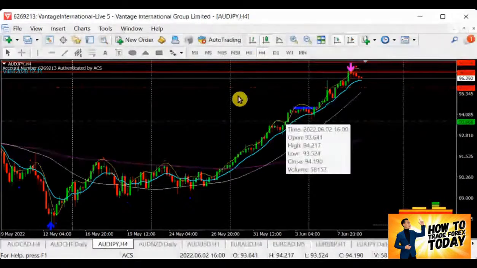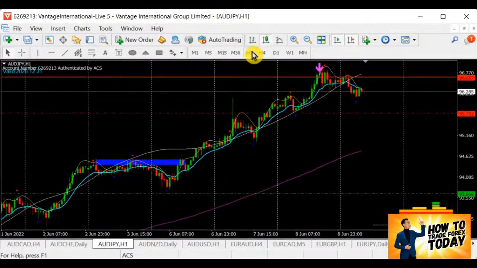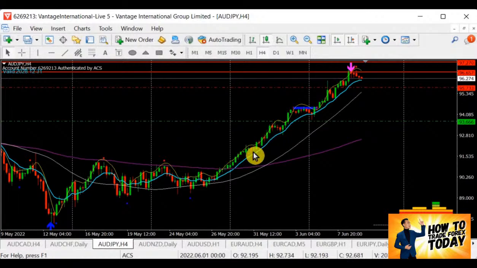Over here, right now Aussie yen looks good, but I'm not going to sell it first. If there's a selling, it's still in the transition. When I mean the transition, it means it has been going long buy here, and now it's turning down. But has it gone into the state of a bear trend?